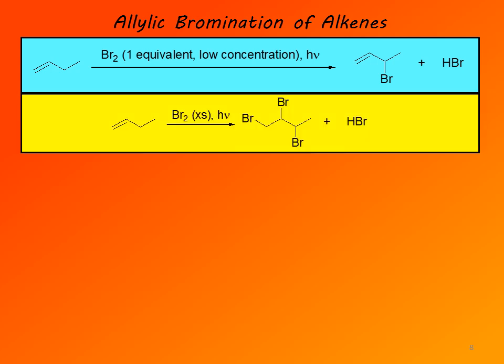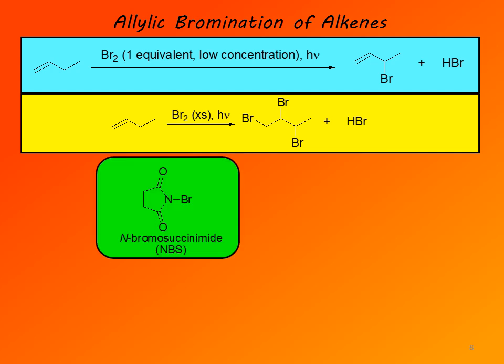If we were to use higher concentration of bromine, bromine readily adds across a double bond. So in this case, excess symbol means that we are using excess bromine. So we will end up with both substitution and addition, and that's usually not desired product. So to avoid that, we carry out reaction under low concentration.